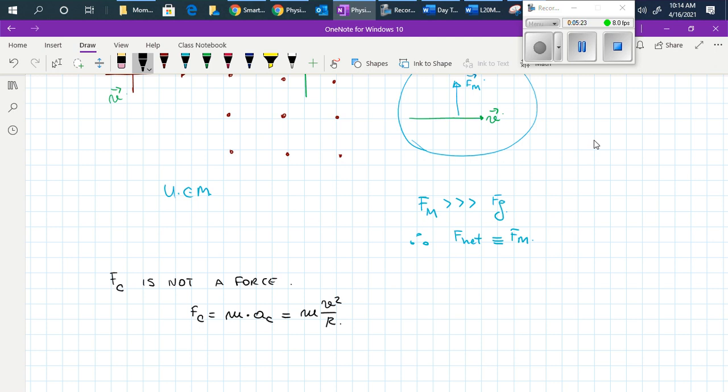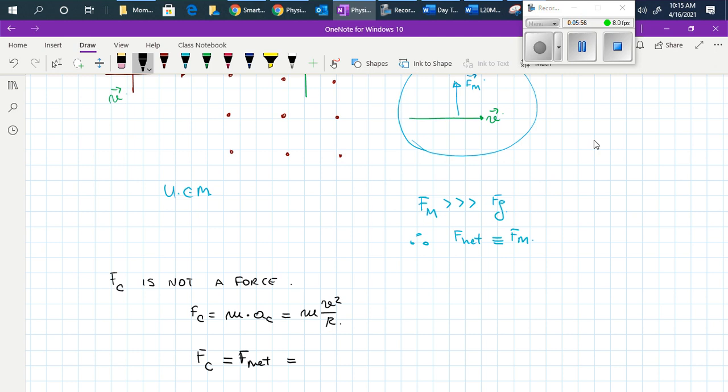Then centripetal force steals the identity of the net force, with the agreement that the force of gravity is way smaller than the magnetic force.